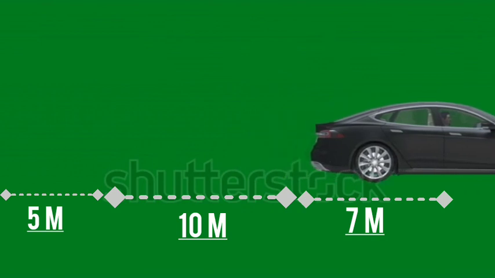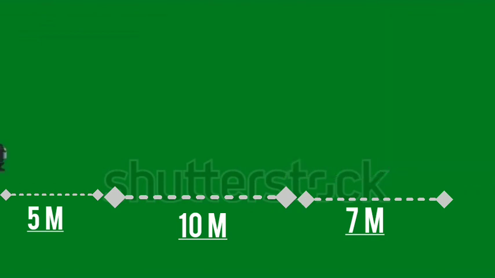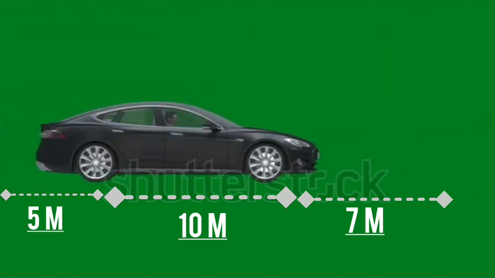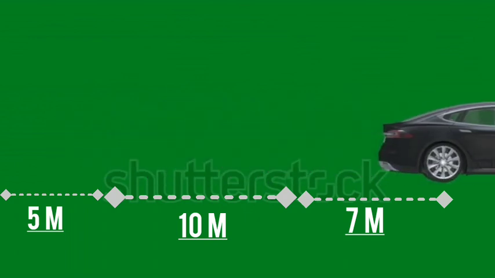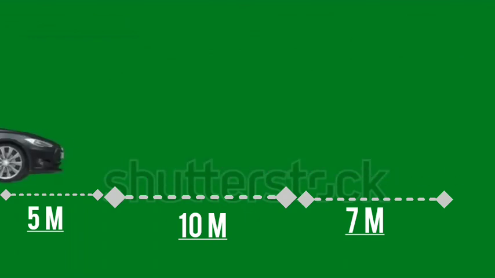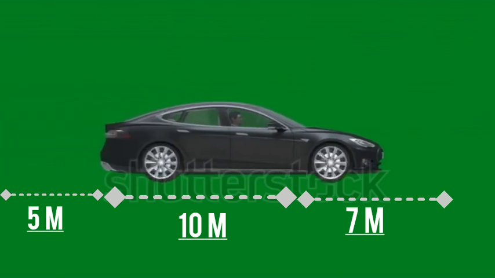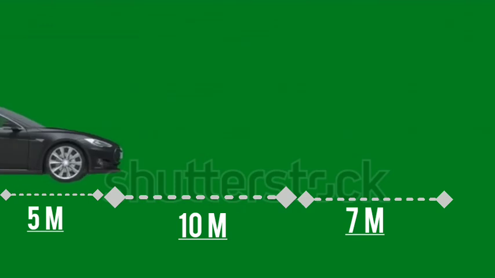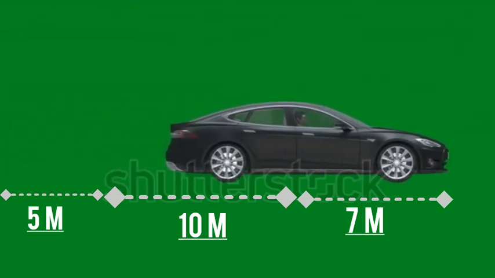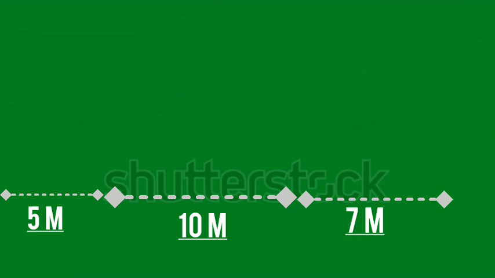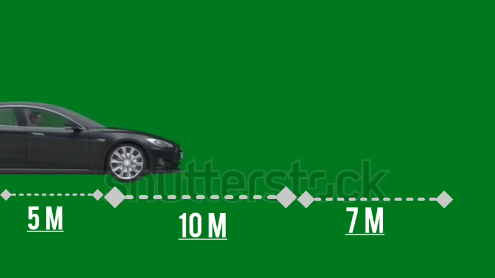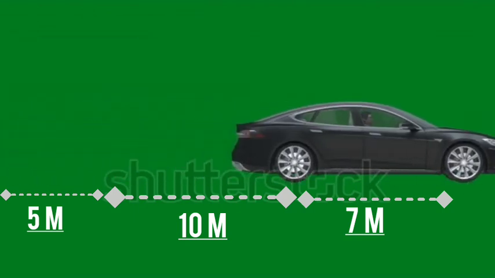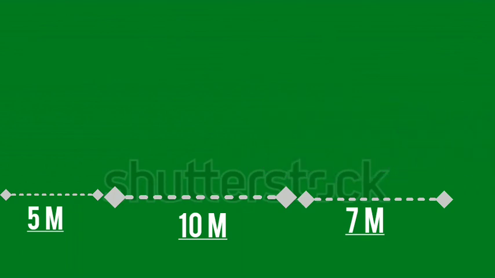Let us say the car is traveling 5 meter in the first second, then 10 meter in the next second, and 7 meter in the third second. Can you see the distances traveled in every second are unequal here? So the speed is changing, and in non-uniform motion the speed is not constant. Let us place uniform motion and non-uniform motion on our concept board.